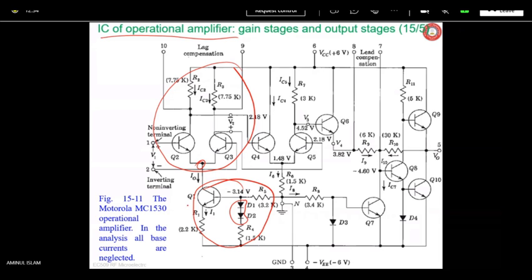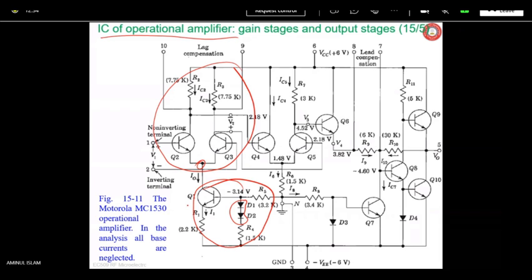It is something like this: here is a resistance, this is your node N, and you have R5 here and R4, and some potential. The potential is minus 6 volt plus 2 diode drops. Diode drop is 0.7 volt. Are you getting it?